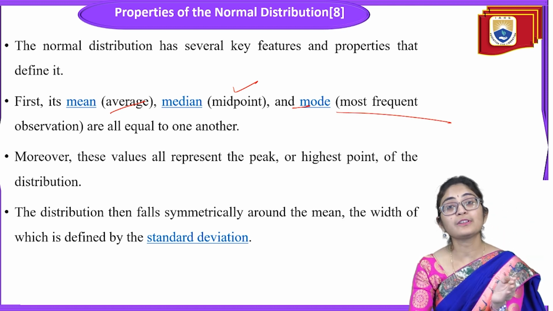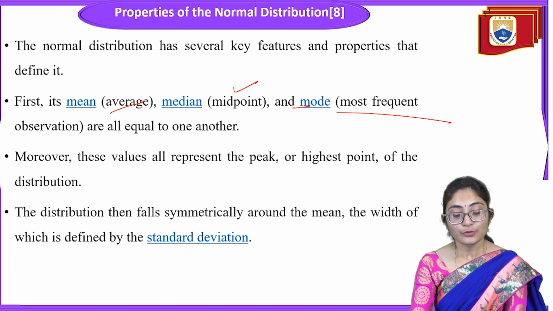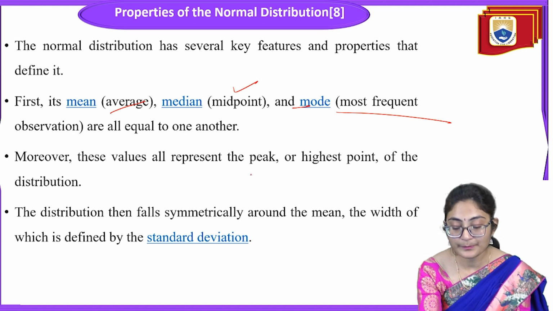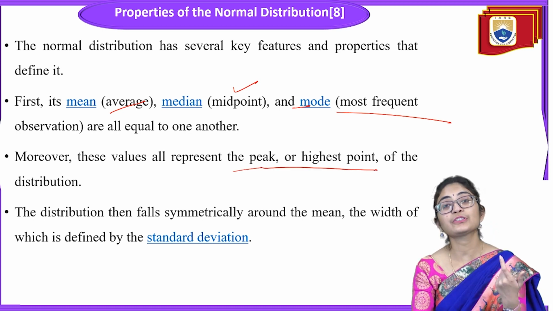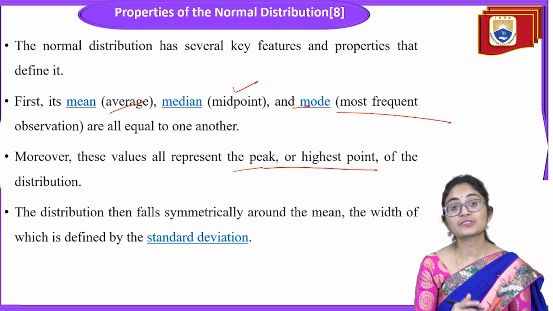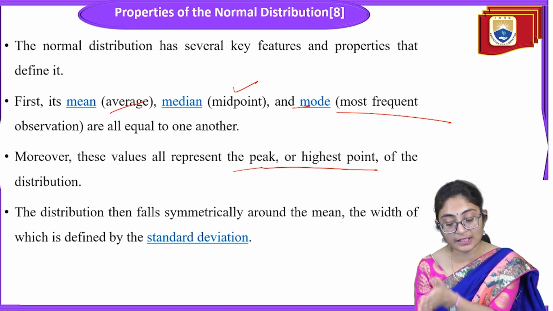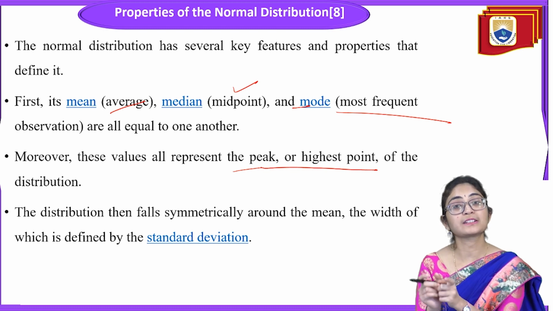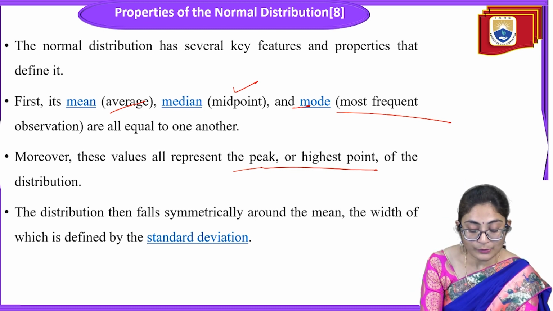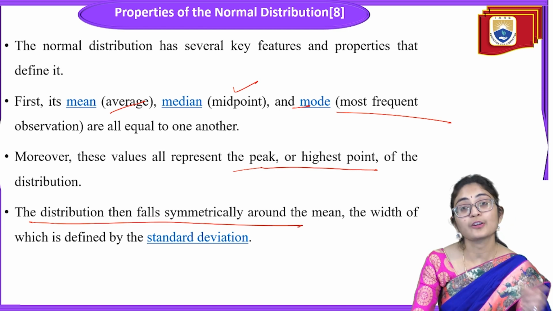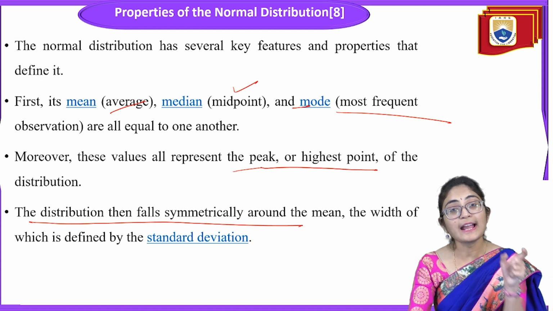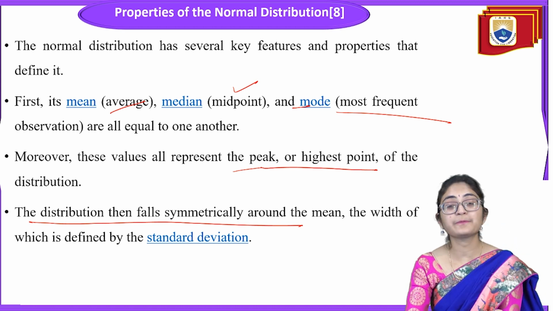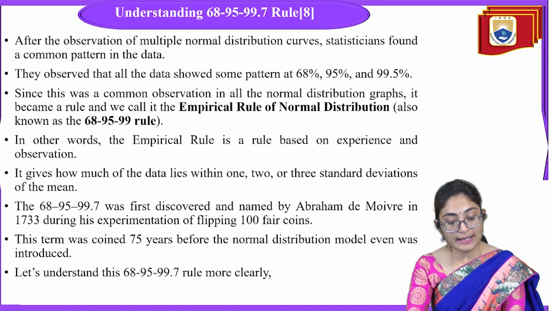These are all equal to one another, so these values all represent the peak and highest point of the distribution. The distribution then falls symmetrically around the mean, and its width is defined by the standard deviation.